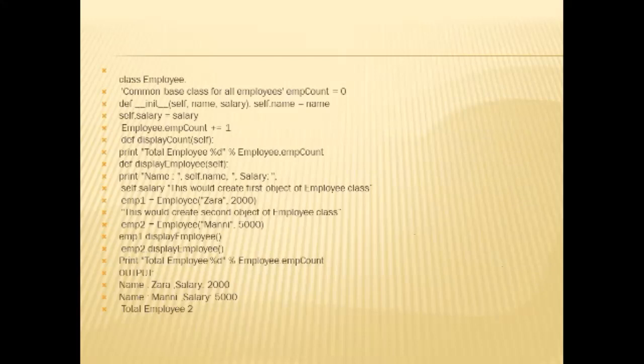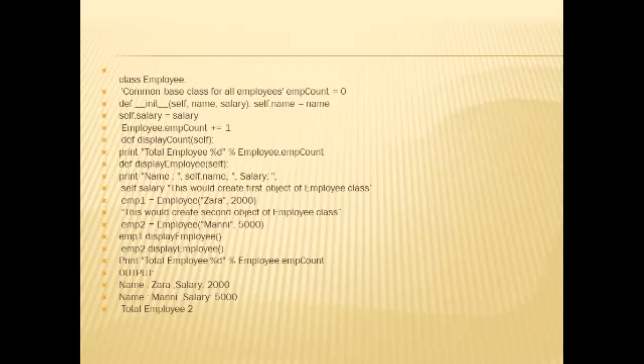Let us see some examples from the class Employee. Here we are taking some of the employee names and their salaries and the total count of the number of employees we are taking. For that we are using the def __init__ function. From that we are taking self, name, salary.